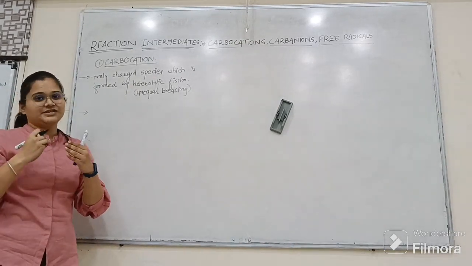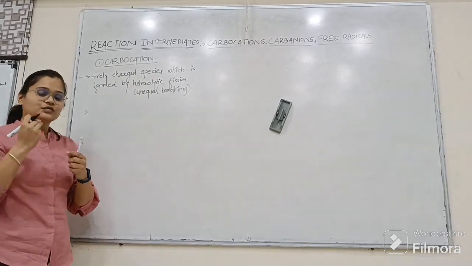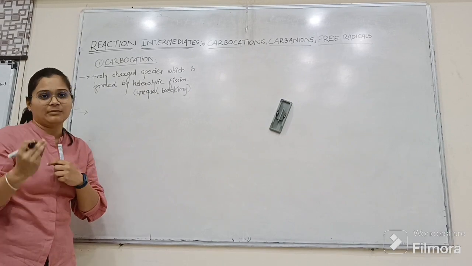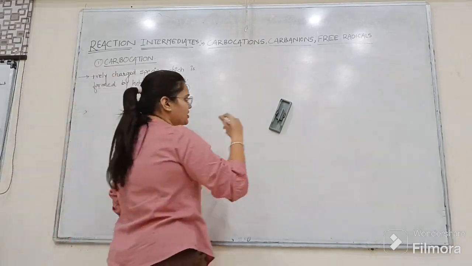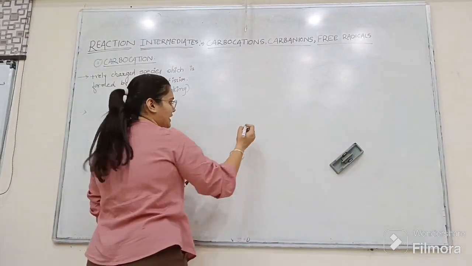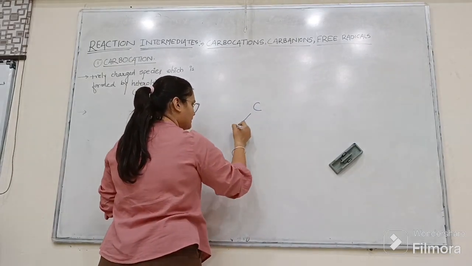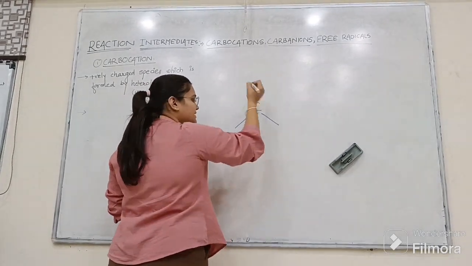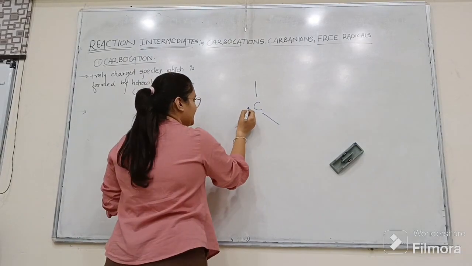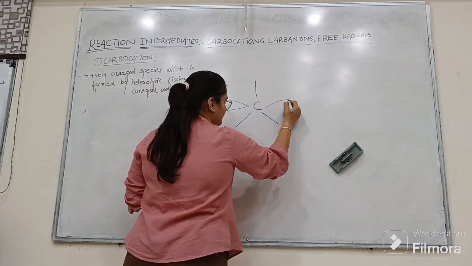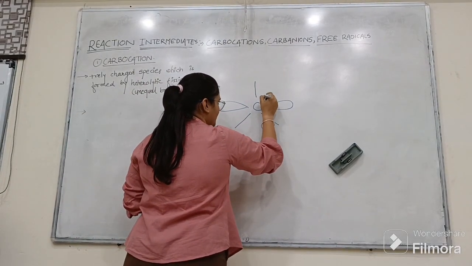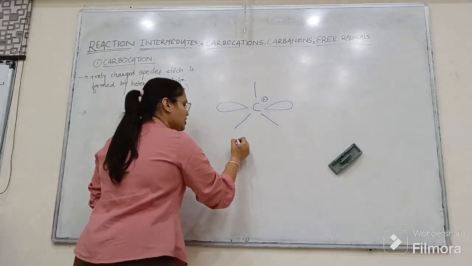Next is the outermost electrons present in carbocations. For that, let's see the structure of carbocation. It can be drawn like this: carbon forming 3 sigma bonds, containing a vacant p orbital and 1 positive charge.